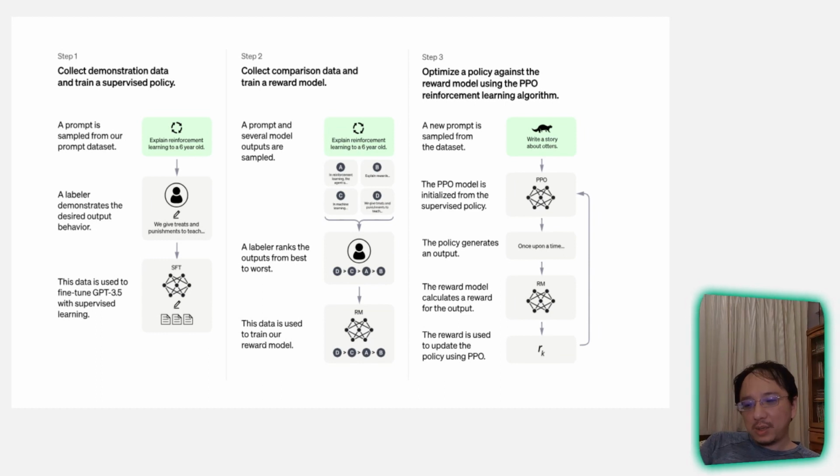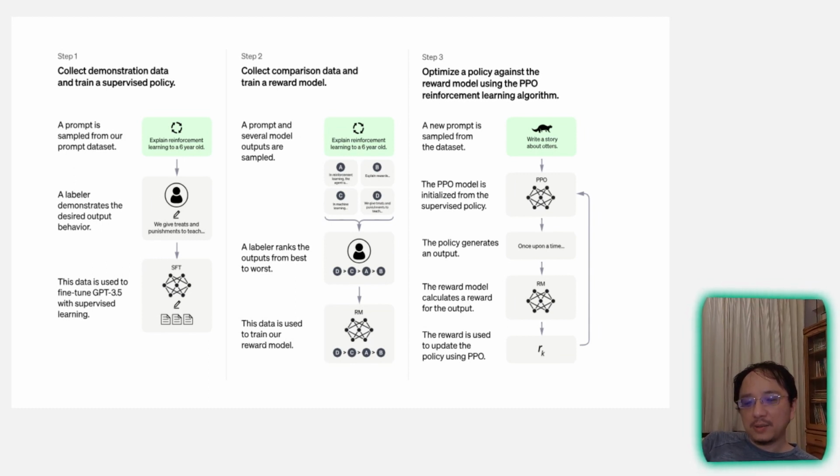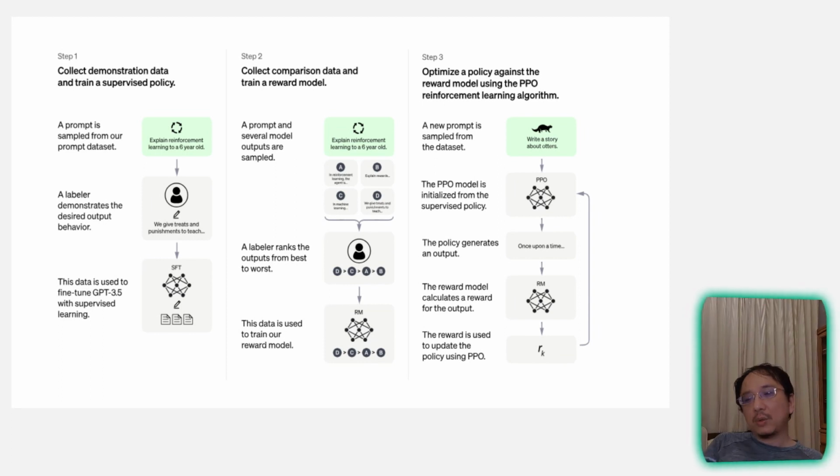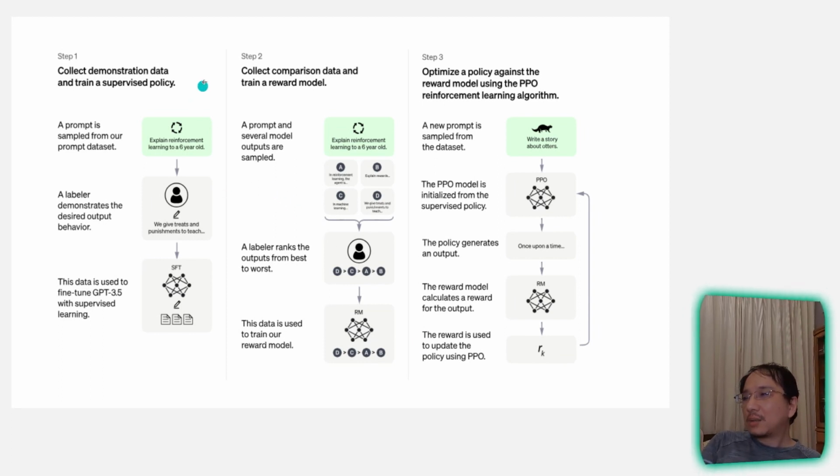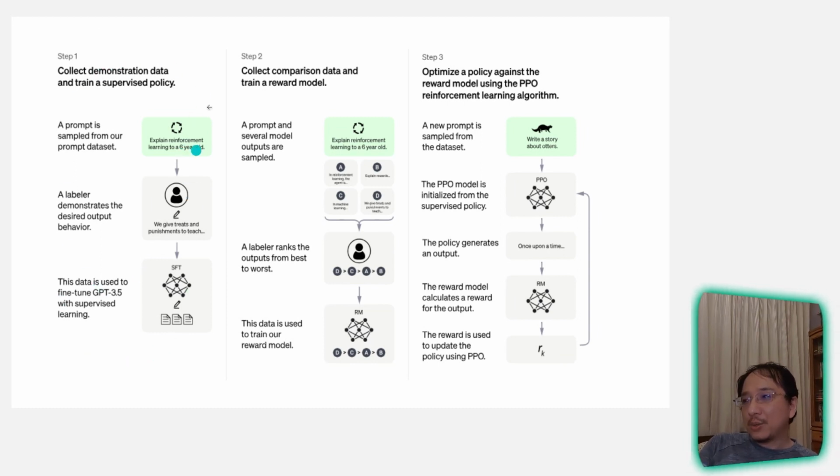ChatGPT is using the same method to do the fine-tuning, but on dialogue data instead of the instruction data. So to summarize, the method is first training a generative model using instruction fine-tuning, and then we can generate comparison data and ask humans to evaluate this comparison data.